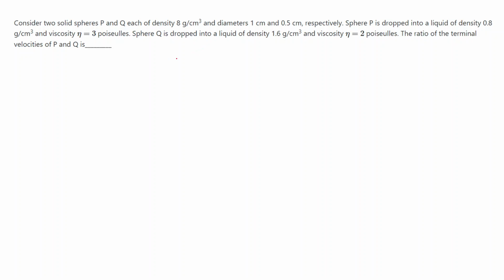There are two solid spheres, sphere P and sphere Q. They both have the same density, and the density is 8 gram per centimeter cube.